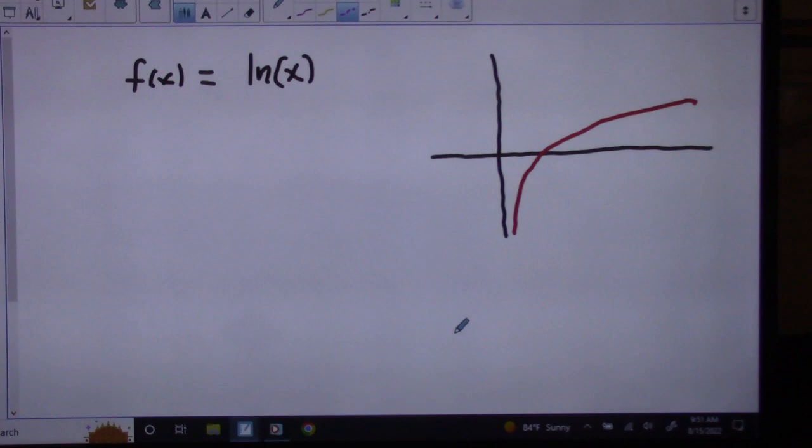So that's a logarithmic scale. But basically what it does, it takes numbers that would be just very large or very small, and dumbs them down and makes them more accessible.